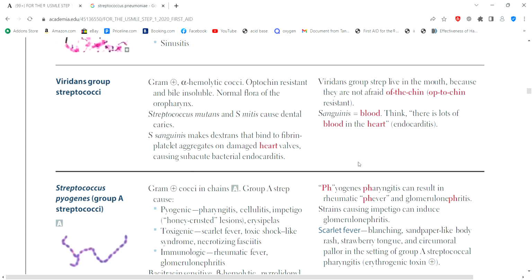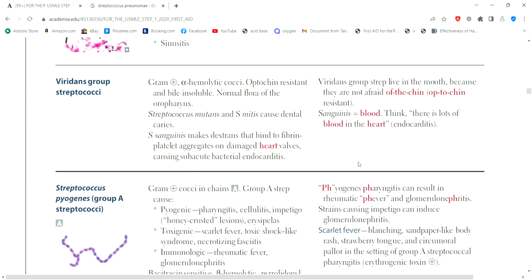What does that mean? It means that dextrans bind to fibrin platelet clumps on the heart valve. Dextrans are a type of sugar, and this causes subacute bacterial endocarditis, which is also known as infective endocarditis. Subacute means that it slowly develops. It is endocarditis that slowly develops.